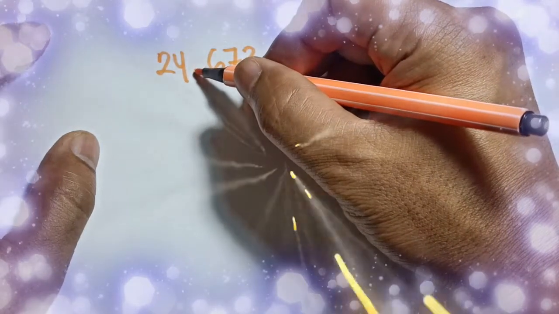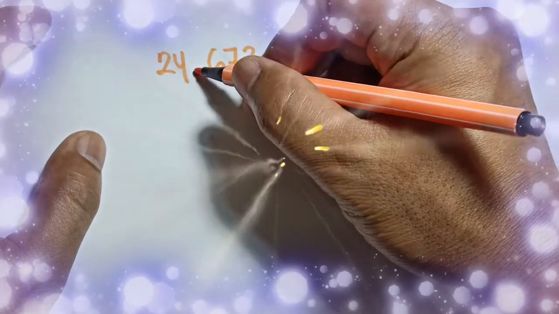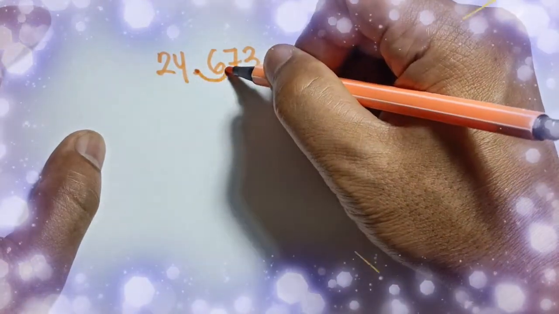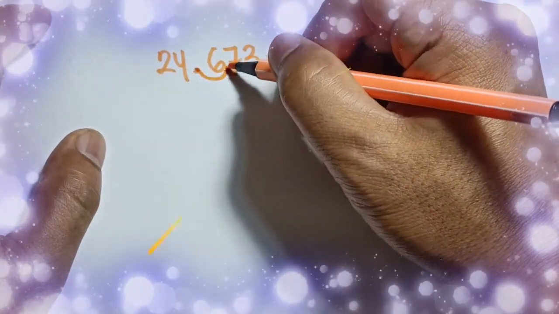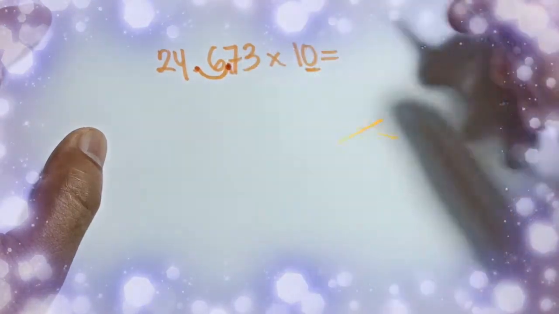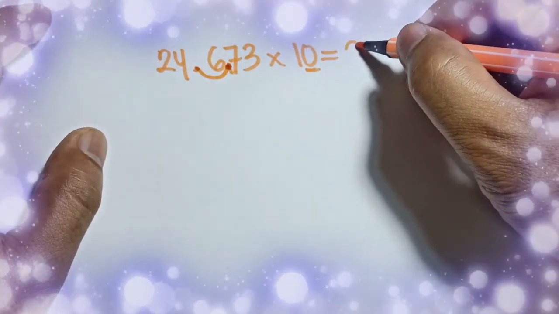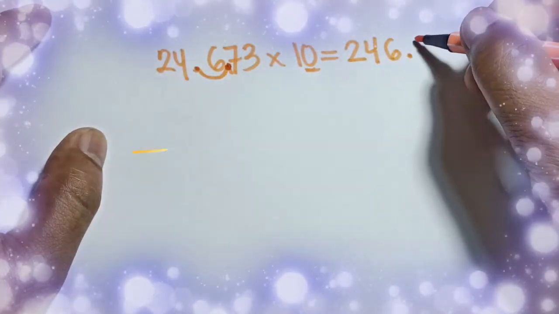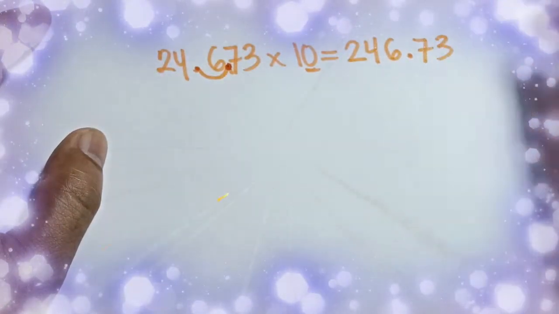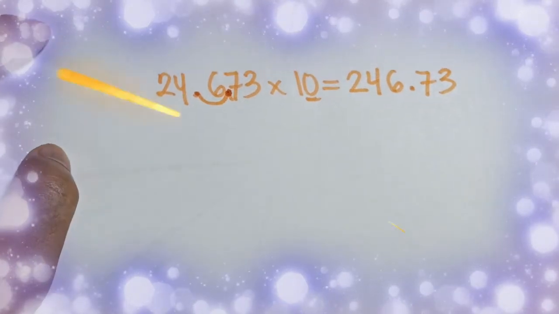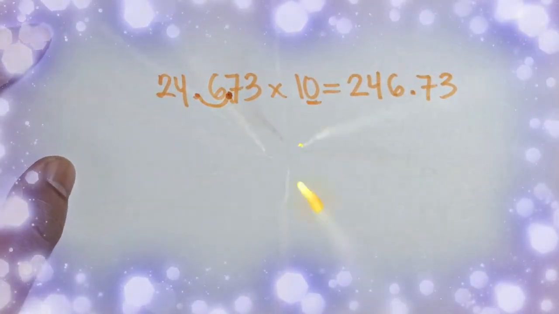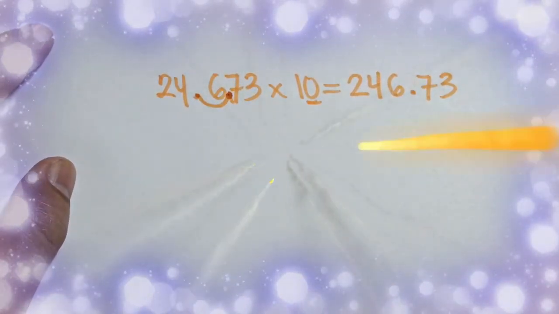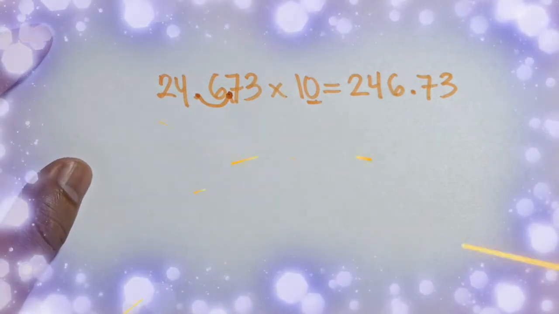The decimal point will be moved here, and your answer will become 246.73. That's the quickest way to multiply a decimal number by 10.